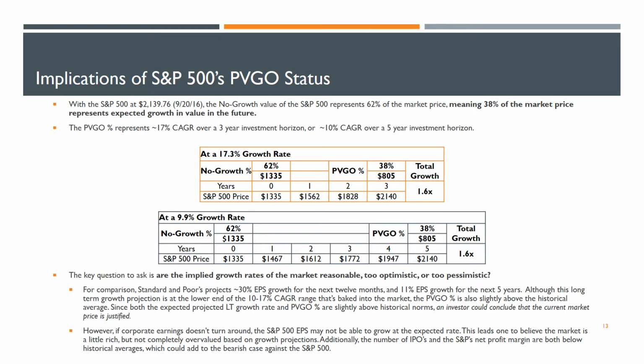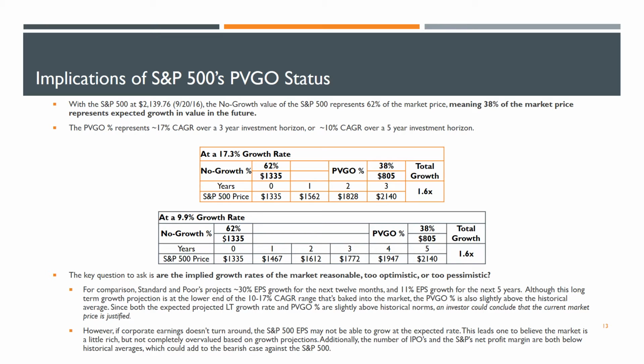Now, in this analysis, the key thing to ask yourself is, are the implied growth rates of the market reasonable, too optimistic, or too pessimistic? From just the initial analysis we did of the overall market, you can make the case PVGO is slightly higher or in that range.